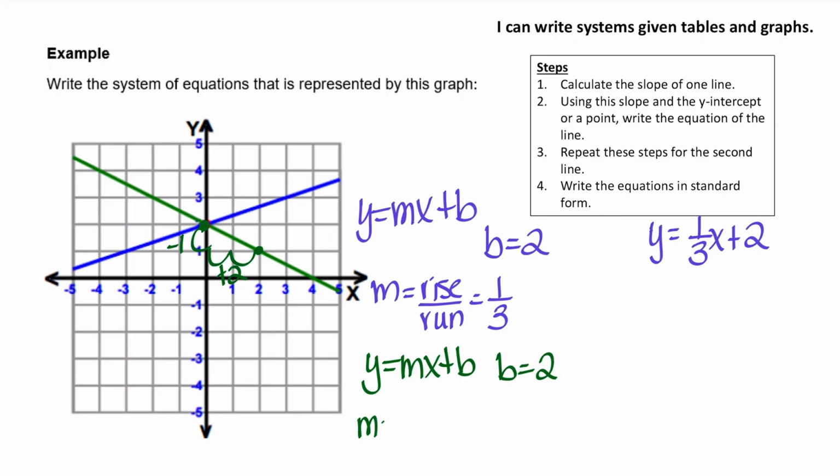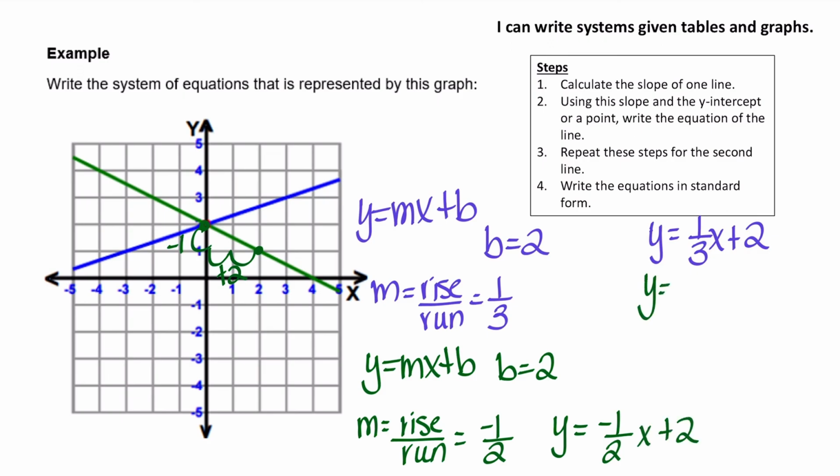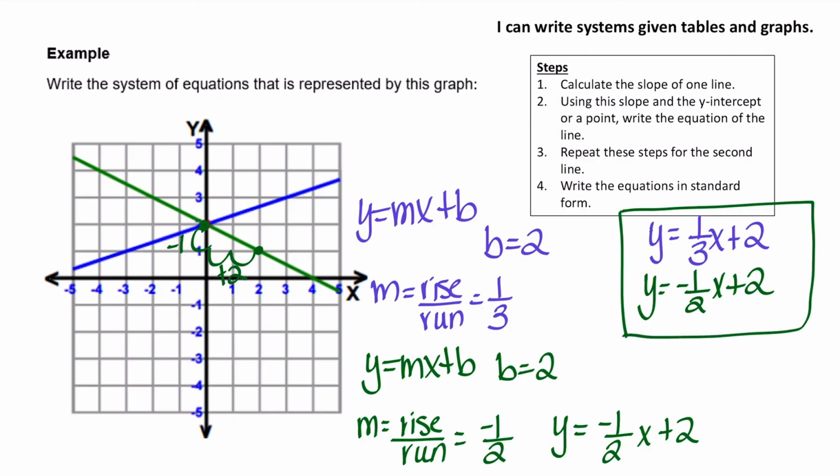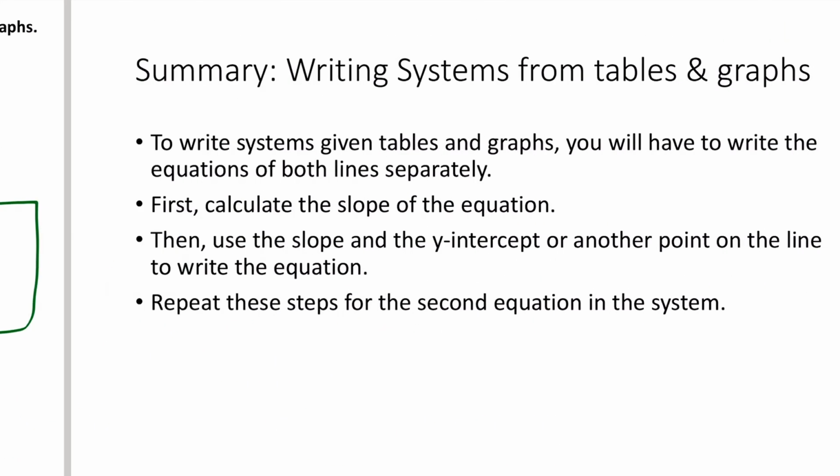So my m, which is my rise over run, is going to be negative 1 over 2. So my second equation is going to be y equals negative 1/2 x plus 2. So when I write these two equations together, y equals 1/3 x plus 2 and y equals negative 1/2 x plus 2, that is now my system of equations that is represented on this graph.